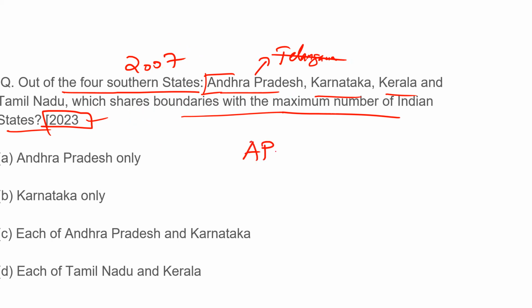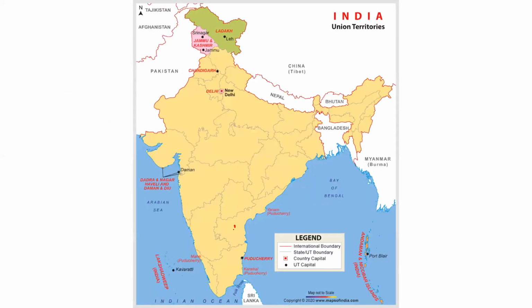What are the boundaries? Calculate. If you see the boundaries of Andhra Pradesh, let us see the map. This is Andhra Pradesh. The boundaries are Tamil Nadu, Karnataka, Telangana. You can see here Chhattisgarh also has a border, and Odisha. So how many states? 1, 2, 3, 4, 5.